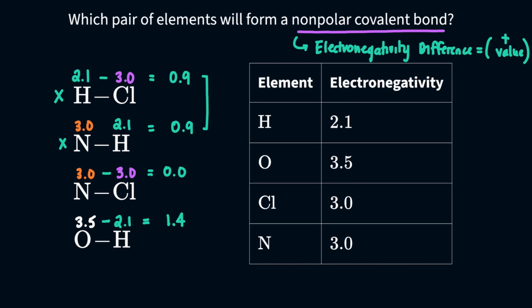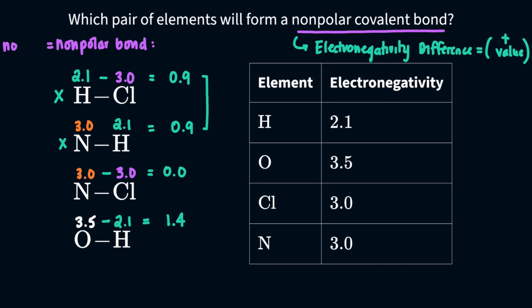Now, if something is nonpolar, the general idea is that you have no pull, right? Nonpolar means that one atom doesn't have a greater attraction towards those electrons than the other atom.